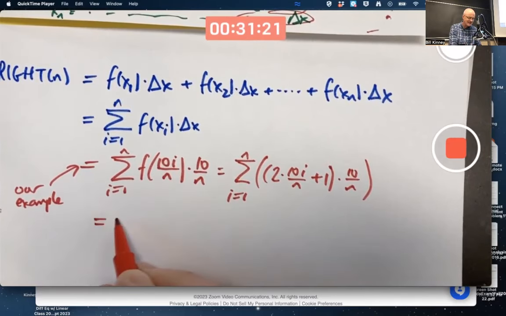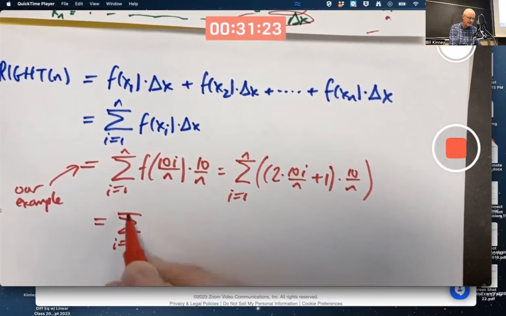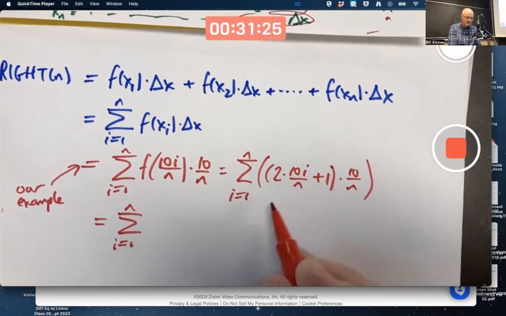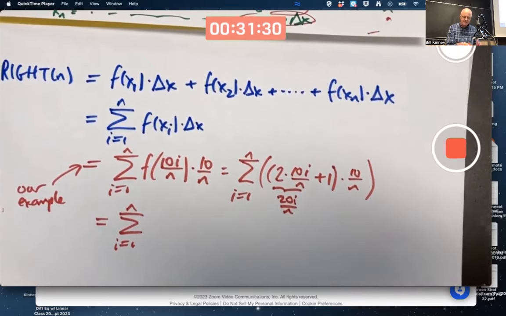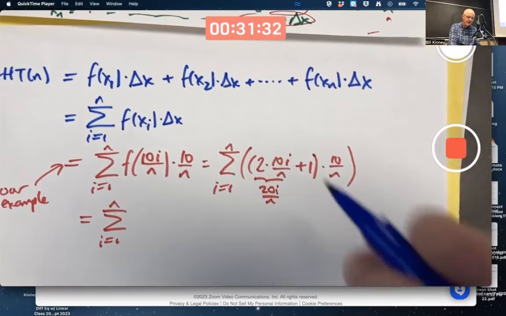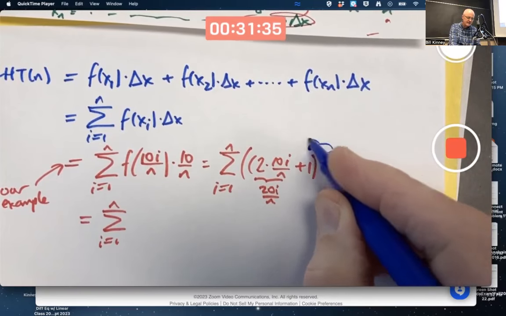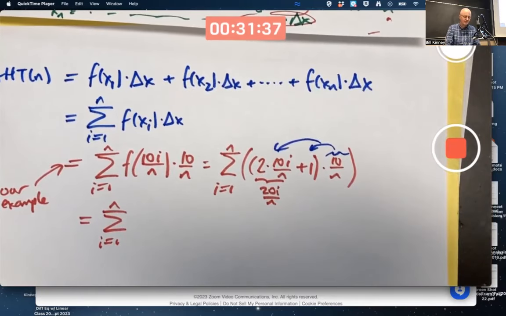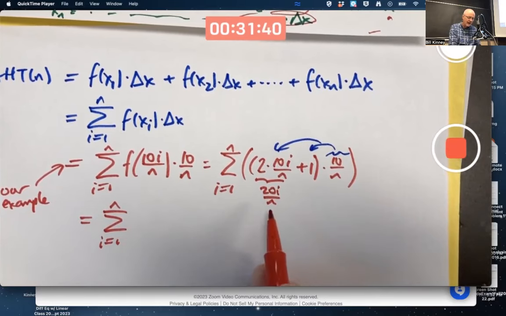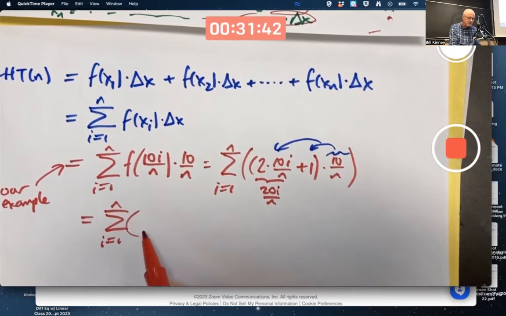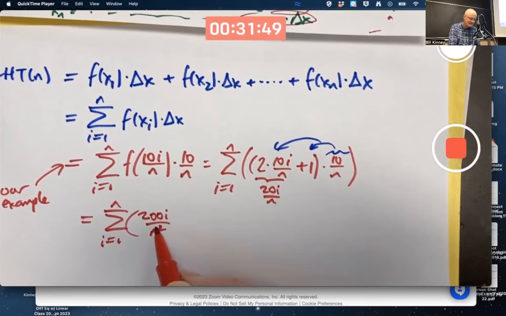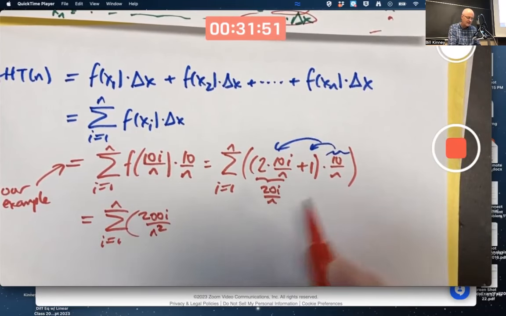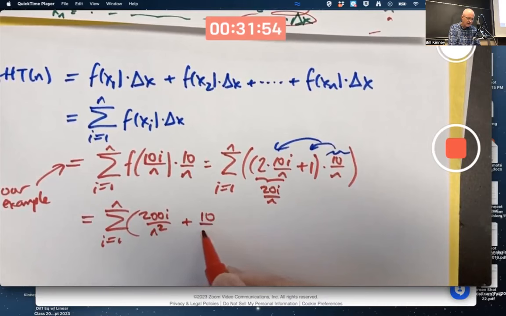Okay, doesn't look like this is going to be so easy, but let's just keep going and see what happens. This simplifies to 20i over n, and then I can distribute the 10 over n through these parentheses here. 20i over n times 10 over n becomes 200i over n squared. And then 1 times 10 over n is just 10 over n.